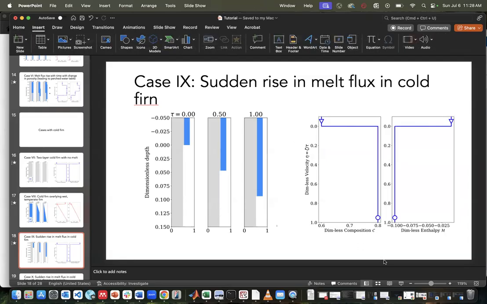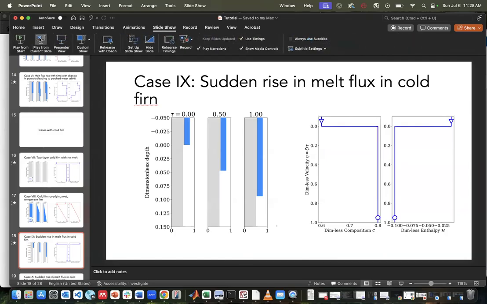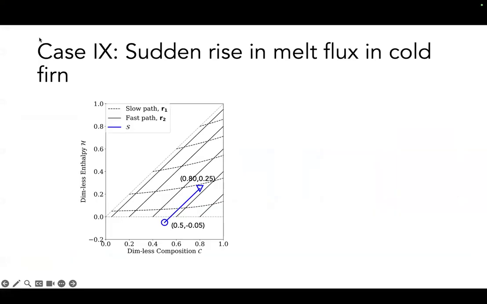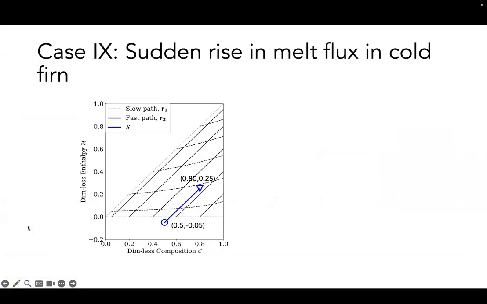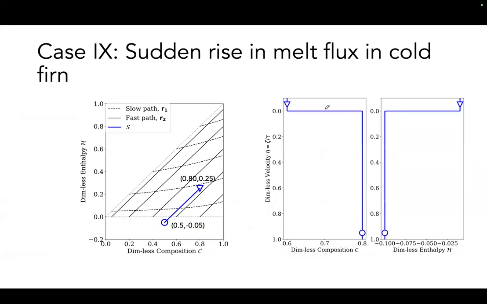So let me start the slideshow again. So here, the wave is moving at a very small speed. It is moving down, but that jump is not high enough to have a wave which can move down quickly.